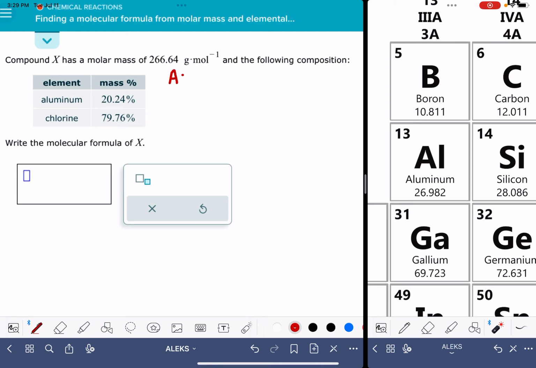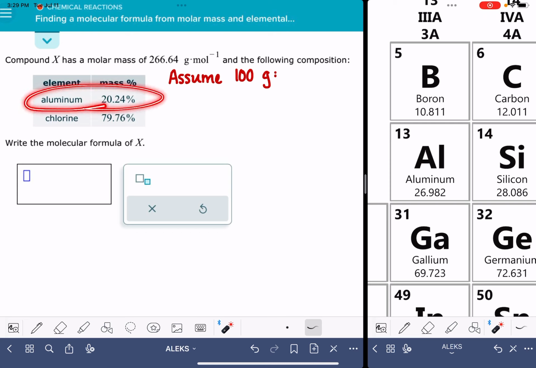What we're going to do is assume that we have a 100 gram sample of this particular compound. If we have a 100 gram sample, we know from the data provided that 20.24% of that 100 grams is going to be due to the aluminum atoms.